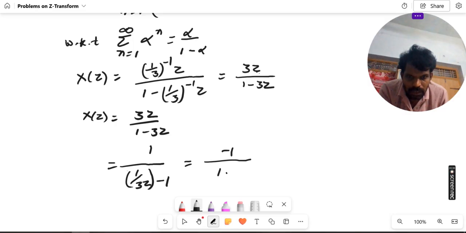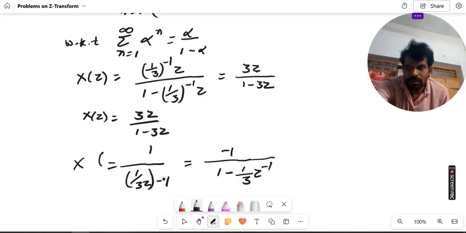So 1 minus 1 by 3 into z inverse, that is x of z.